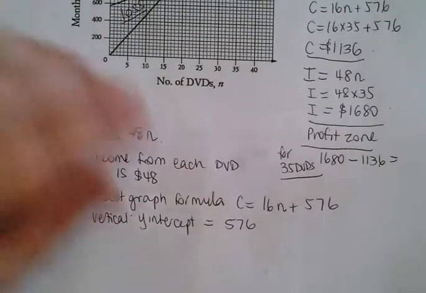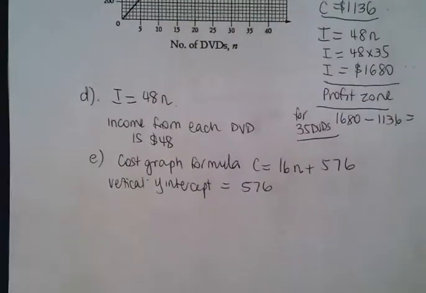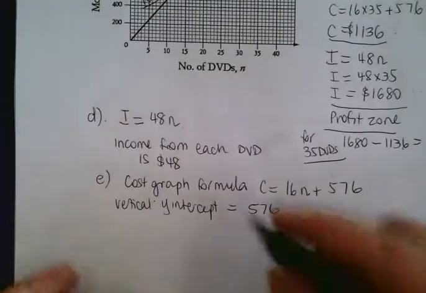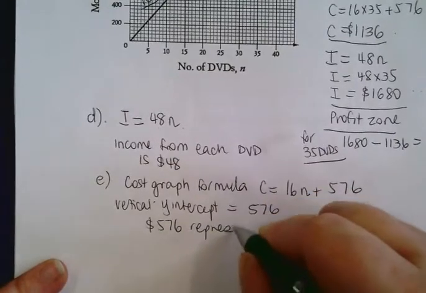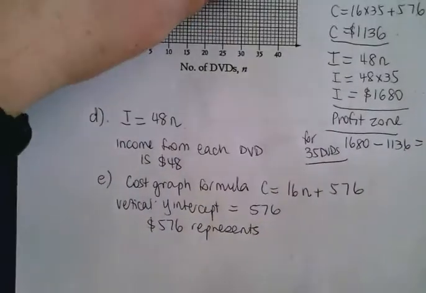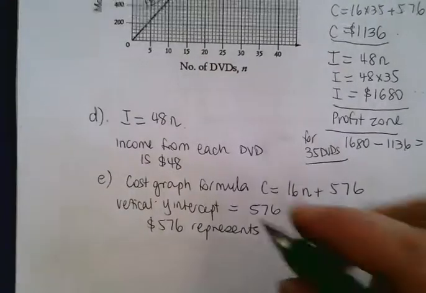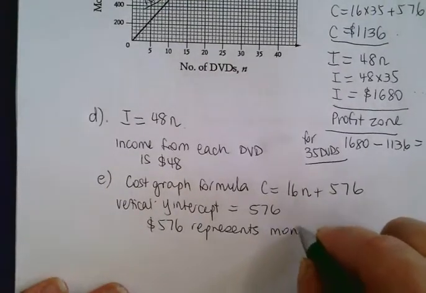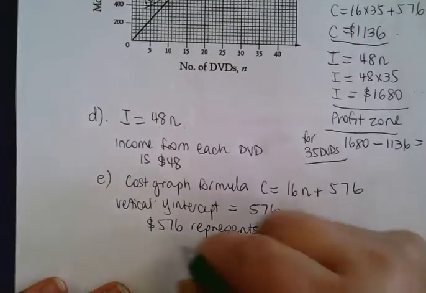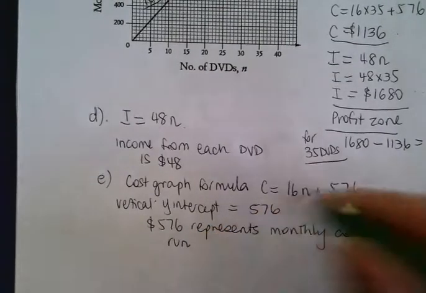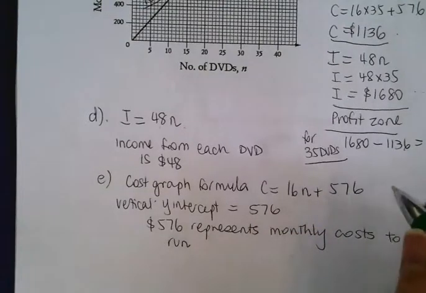What does it represent? You can just call it your startup costs or your monthly costs, your ongoing. Because it says the monthly cost is, I would put your monthly costs, just your fixed monthly costs for the business.